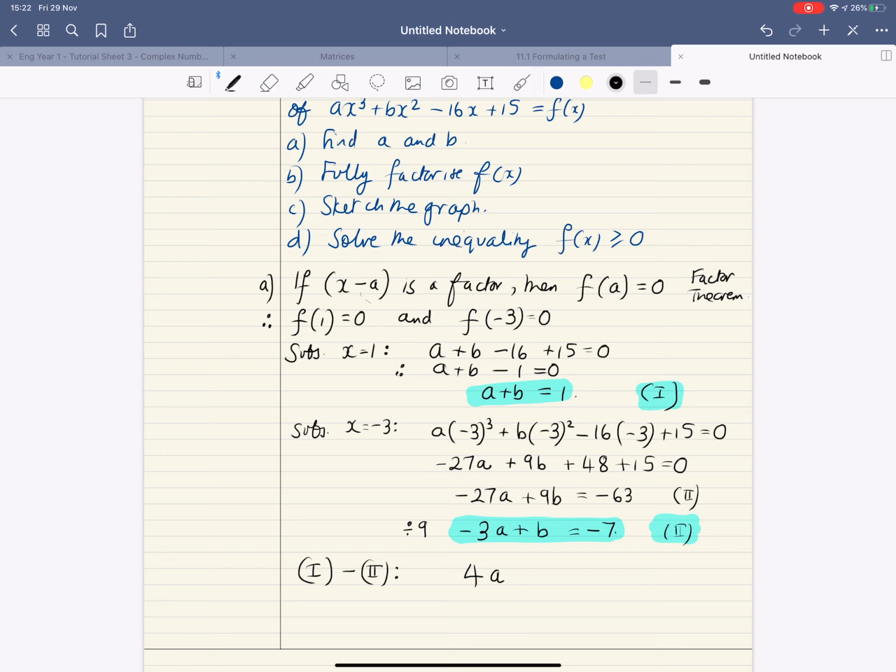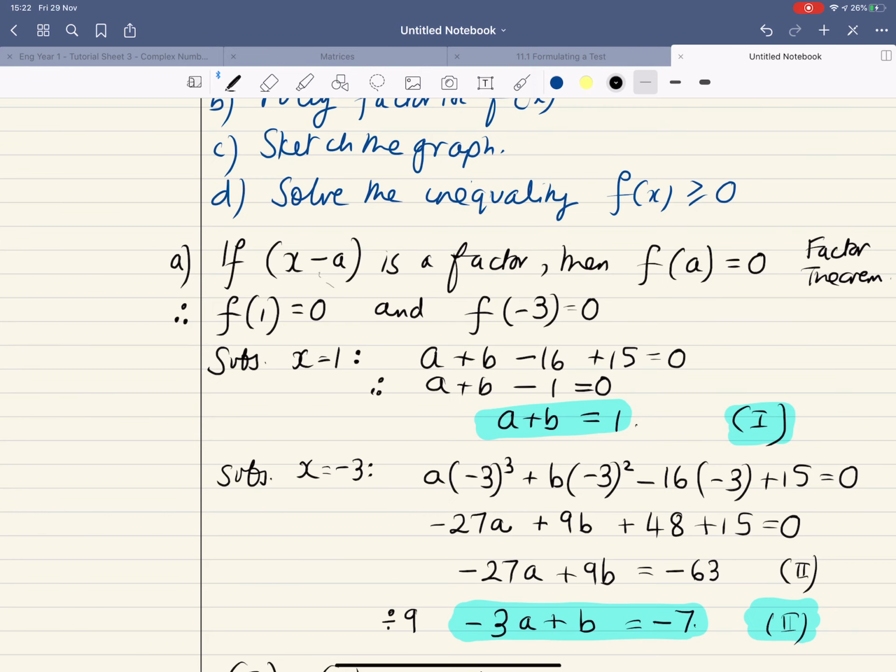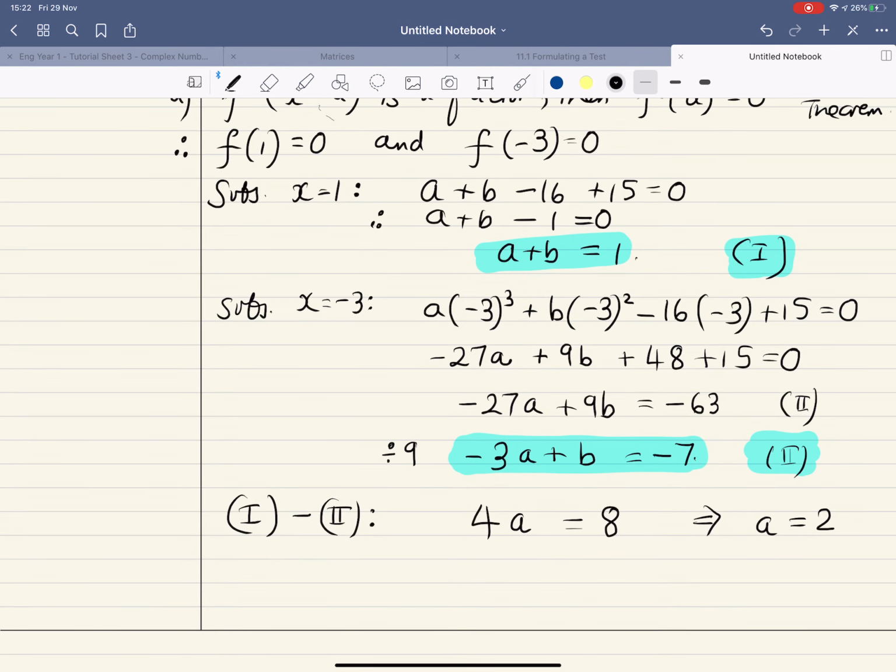B take away b is no b, that's what we wanted. And then 1 minus 7 is 8. Actually, some calculators solve simultaneous equations as well, so check to see if yours does, or just get them right. A is 2, because 4 times 2 is 8.